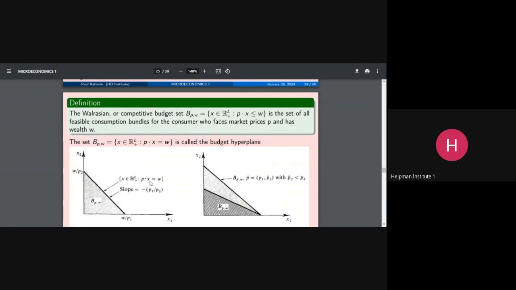And we always have this negative slope, P1 over P2. What does that mean? The slope informs us of the rate at which a particular commodity is being consumed compared to the other. So it means that as one commodity is increasing, the other commodity is decreasing.